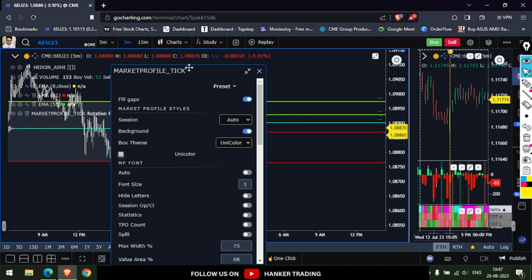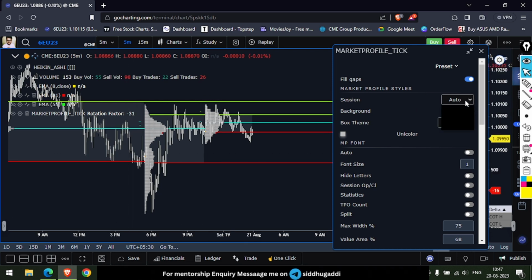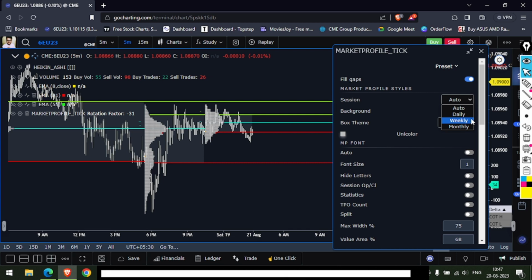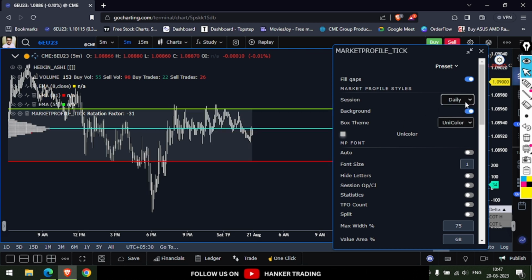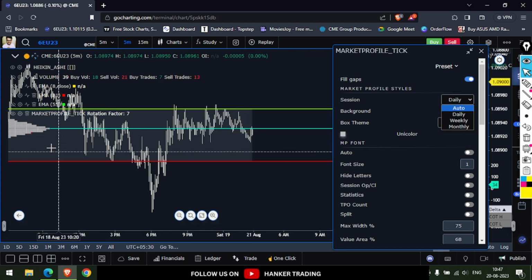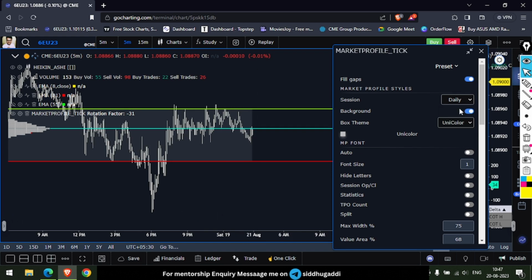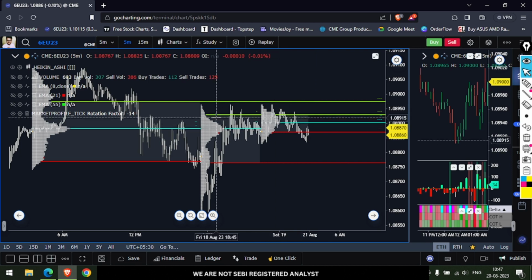As I have told you, if I set it to auto, it will show you somewhere around 3 profiles. And if I set it to the daily profile, these are the problems with using a web-based platform. Obviously, you need to have the best internet. So this is how the daily profile looks. The day starts from somewhere here, and this is the end of the day. But when you apply auto, it will fetch the session-wise market profile.